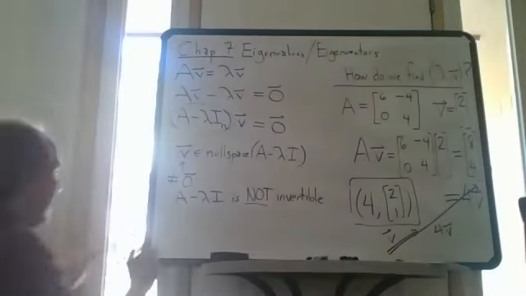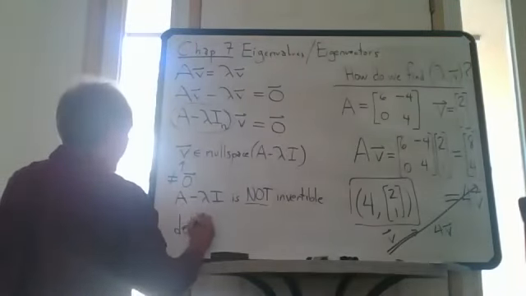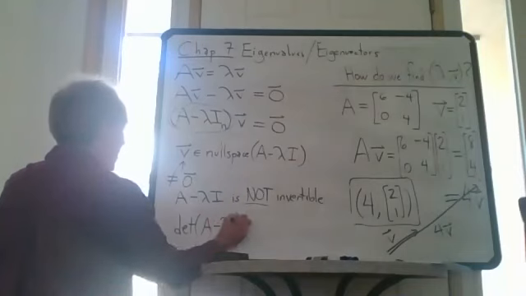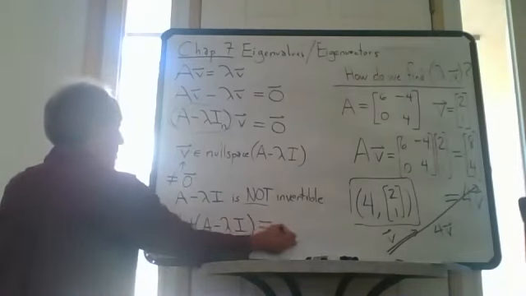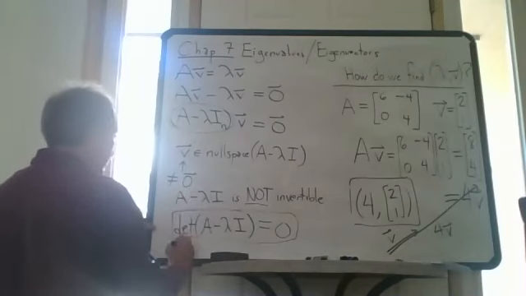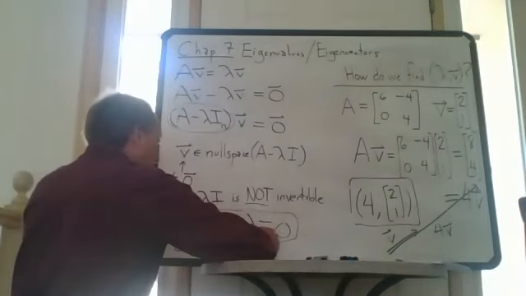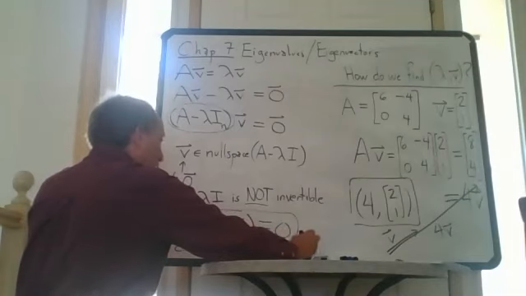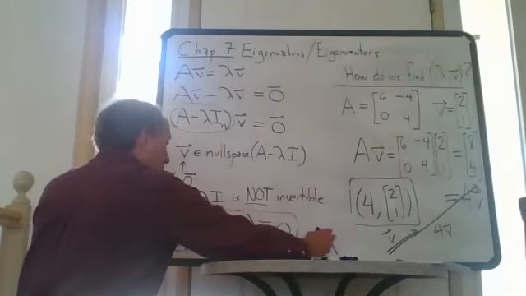So let's put that down. The determinant of A minus lambda I must be 0. That's exactly right. And this is called the characteristic equation. So let me write that down as well while I'm here. The characteristic equation for capital A.